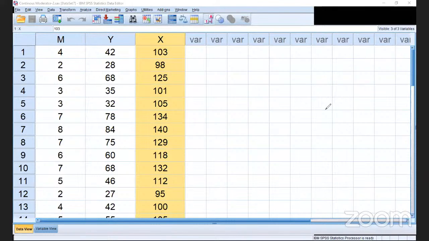In this data, we want to know whether exam performance depends on IQ level, where y is exam performance and x is IQ, intelligence quotient.